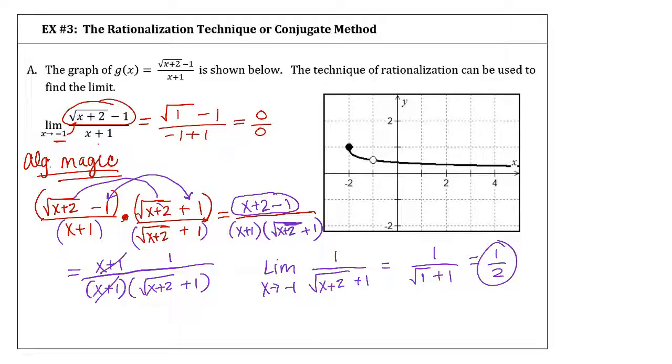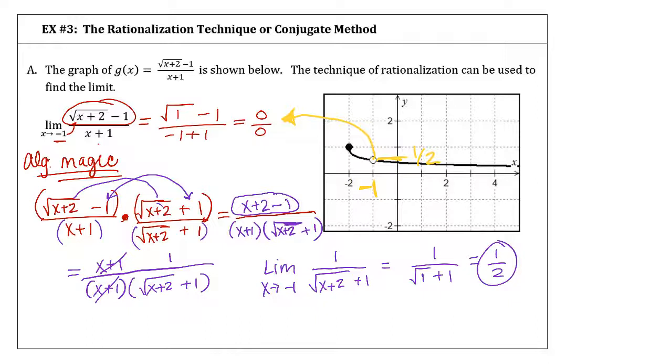Now, what is going on with this related to the graph? Because we do need to go back and relate to the graph if we can. And notice that at this point here at negative 1 and at 1/2, that's where we have a hole in the graph, which corresponds to the 0/0. That's what it was telling me algebraically when I substituted in and got 0/0.